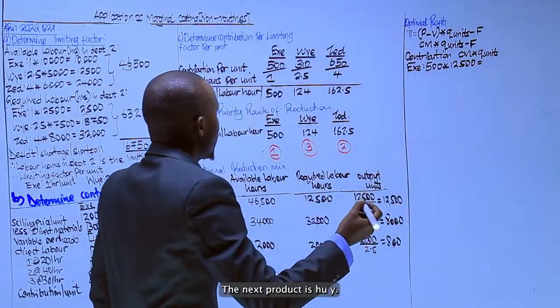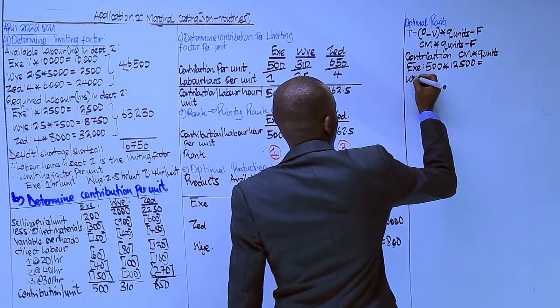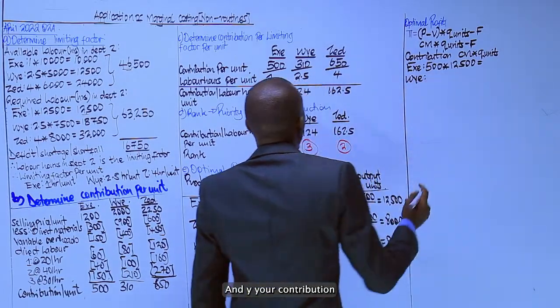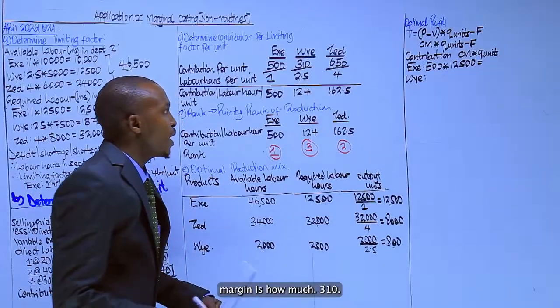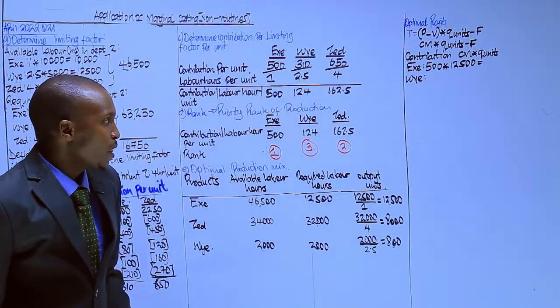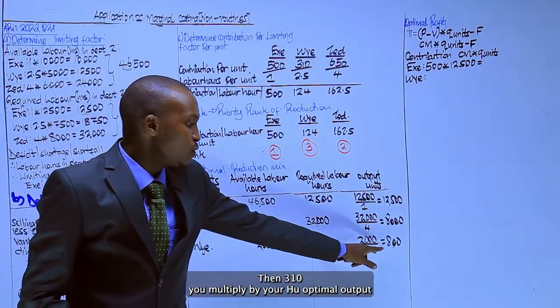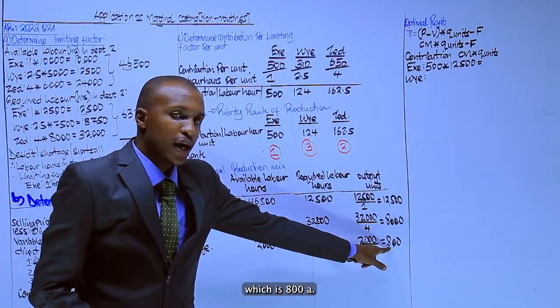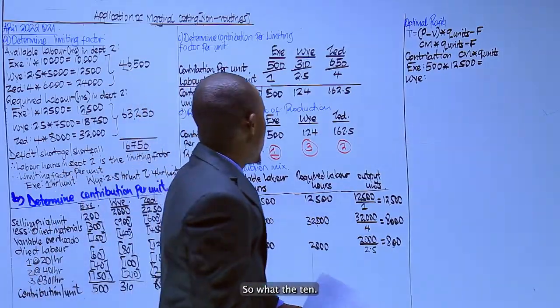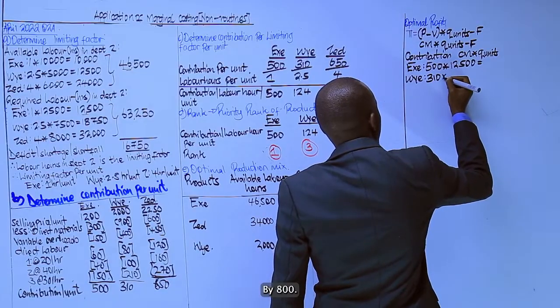The next product is Y. Your contribution margin for Y is 310. Then you multiply 310 by your optimal output, which is 800 here. So 310 by 800.